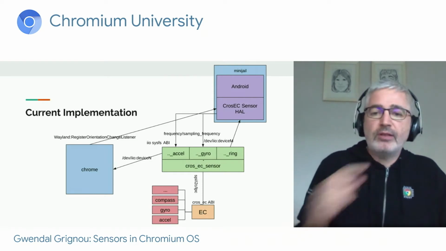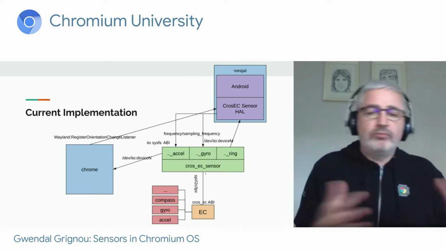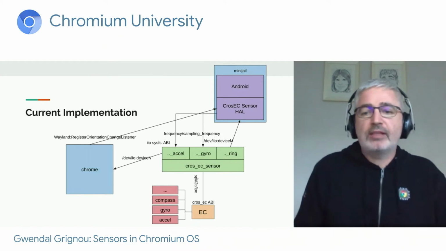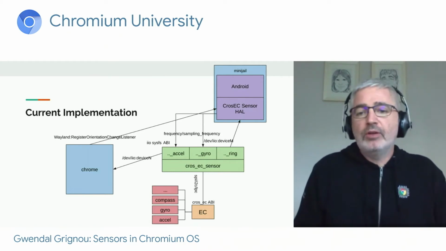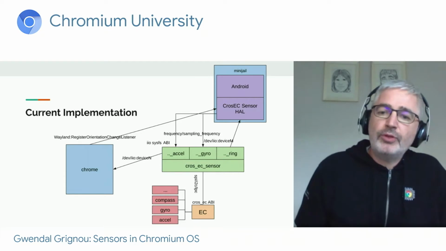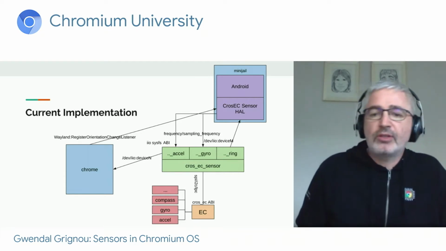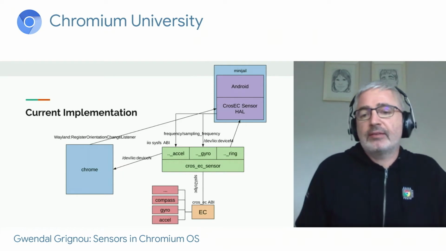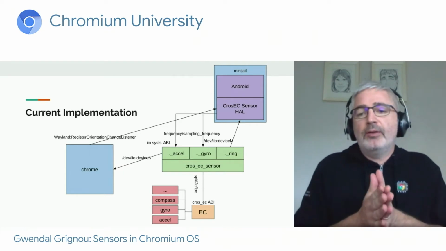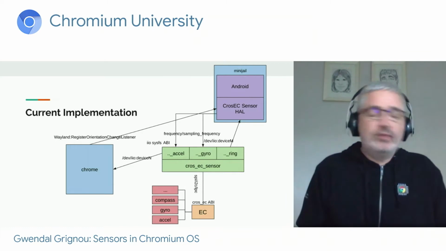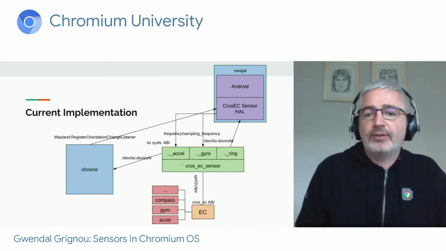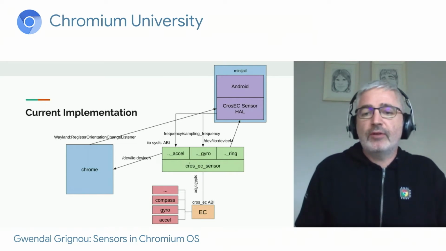So that's the green box here. There is a transport layer via SPI, I2C, or LPC, and then it goes to the sensor stack, the cros_ec sensor driver, and this kernel module will differentiate the different events depending on which sensor, and then those events will be collected by applications.